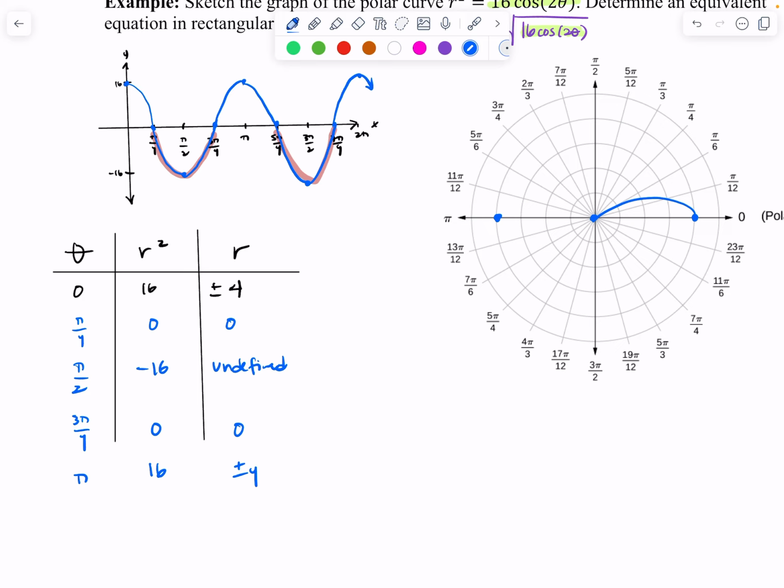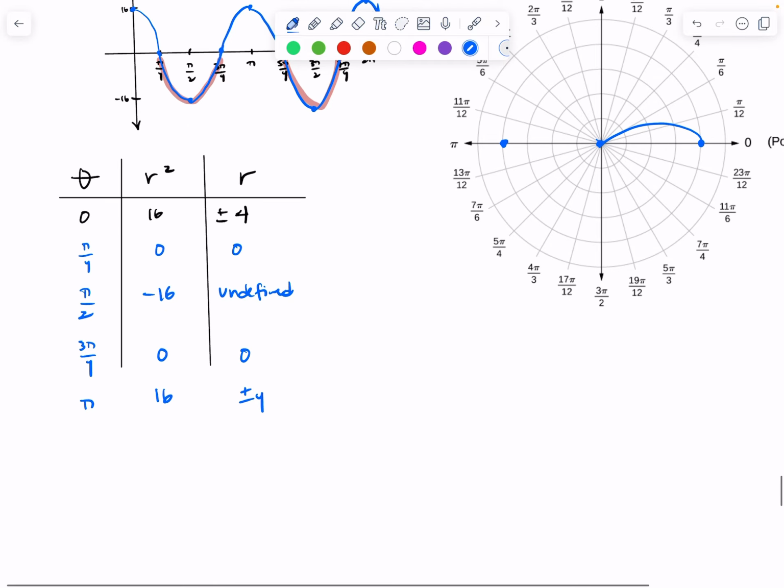If you think about it as going around a clock, starting at 0 and rotating in the counterclockwise direction, between pi over 4 and 3 pi over 4, there are no points being plotted. But from 3 pi over 4 to 5 pi over 4, those are positive values of r squared again.